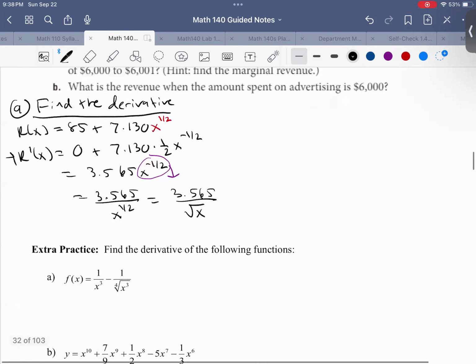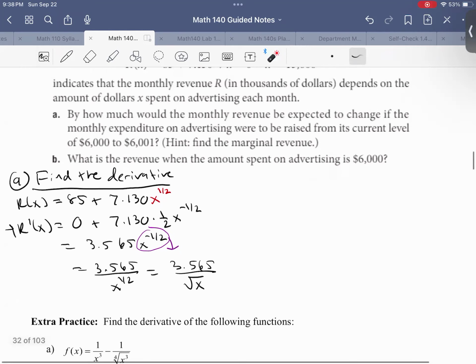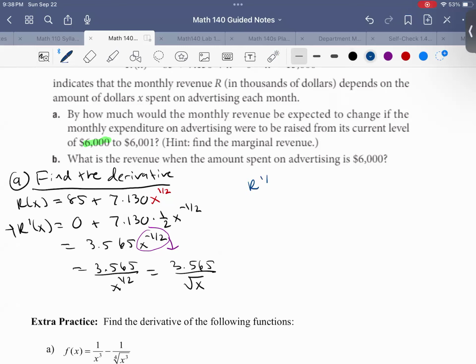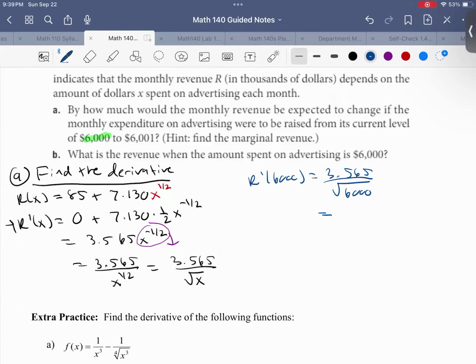That is the derivative, but to find the marginal revenue, I can just evaluate at 6,000 to find the marginal revenue for the next dollar. So I plug in 6,000: 3.565 over the square root of 6,000. If I calculate this out, it should be 0.0460.